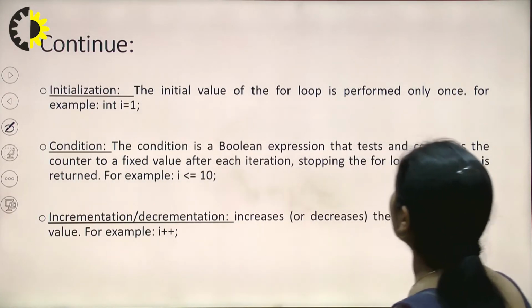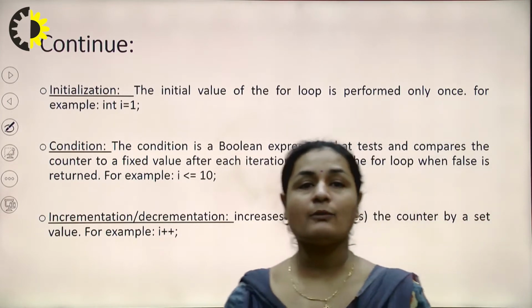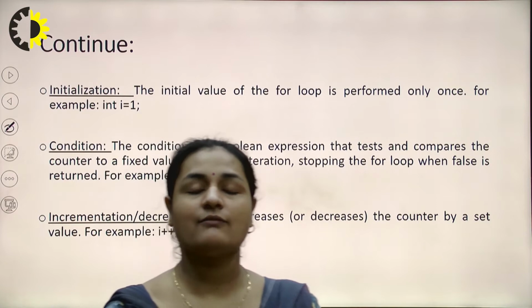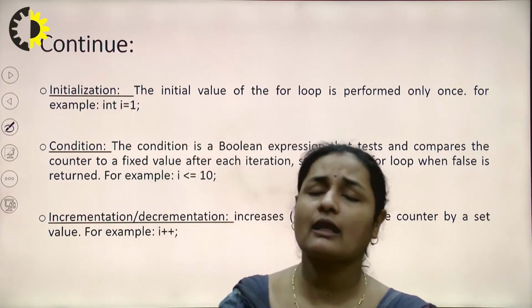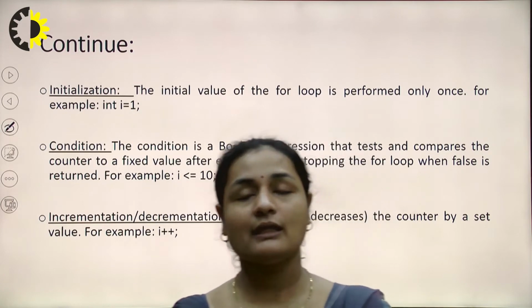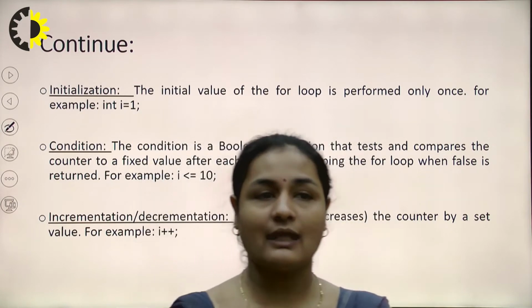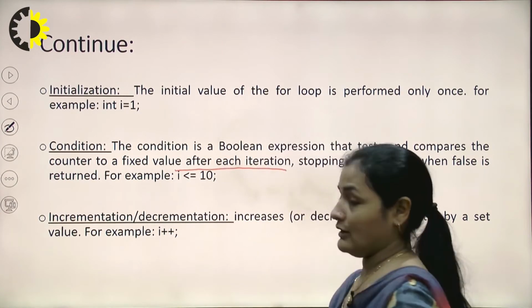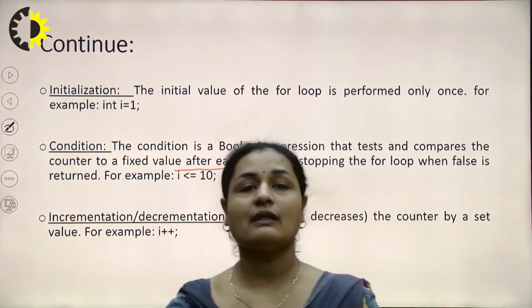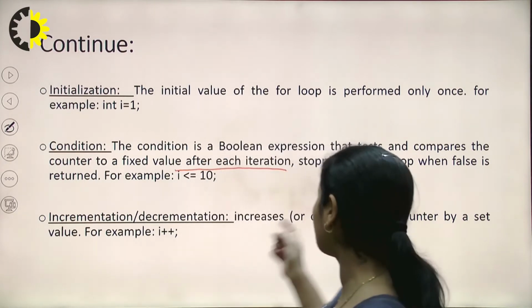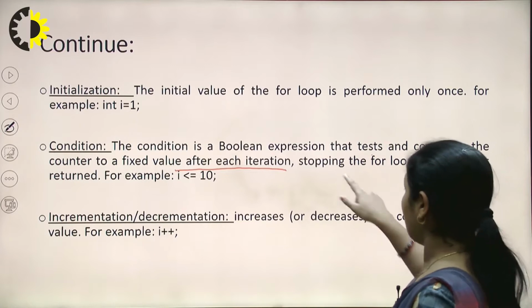Initialization, the initial value of the for loop, is performed only once. For example, int i equal to 1 or i equal to 0 or any other value. Then the condition is the Boolean expression that is used to test the counter against a fixed value after each iteration. When the loop is executed one time, then after each iteration, the condition is checked.